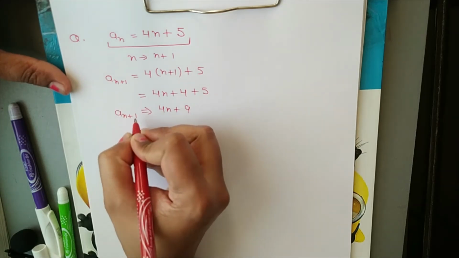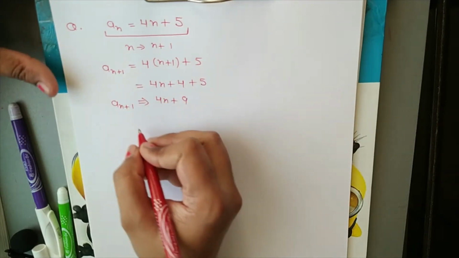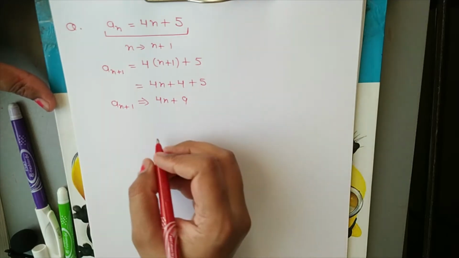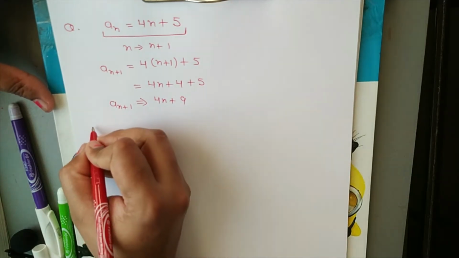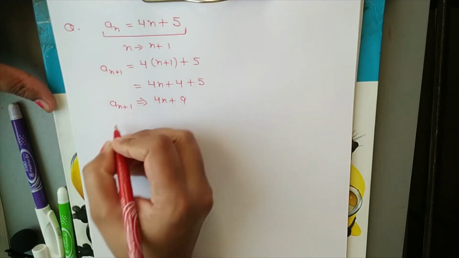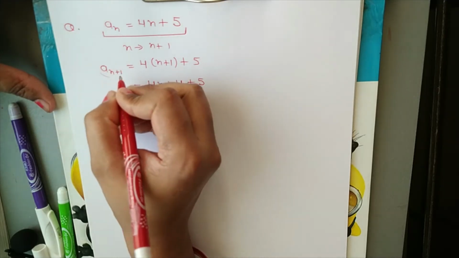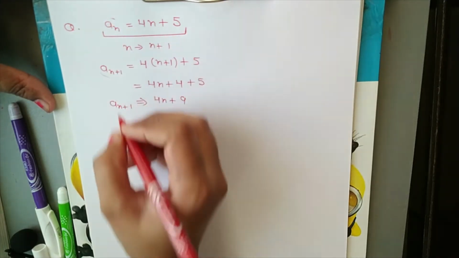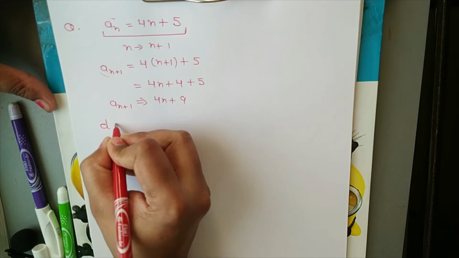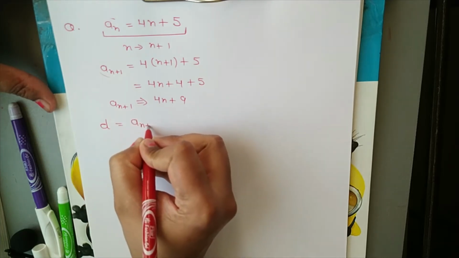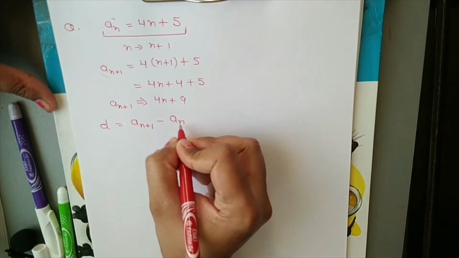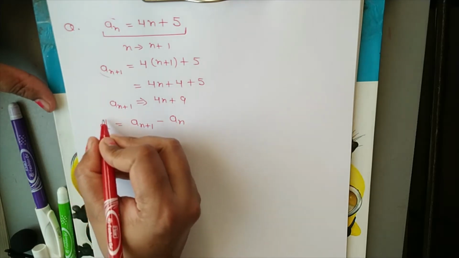Now we know the common difference is this term minus the previous term, so D is equal to an plus 1 minus an.